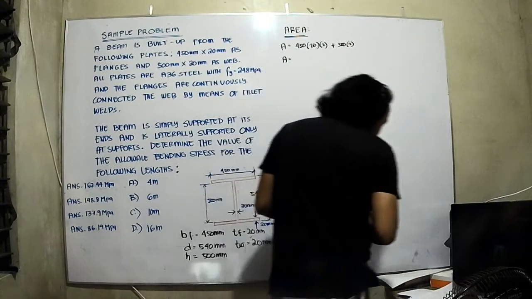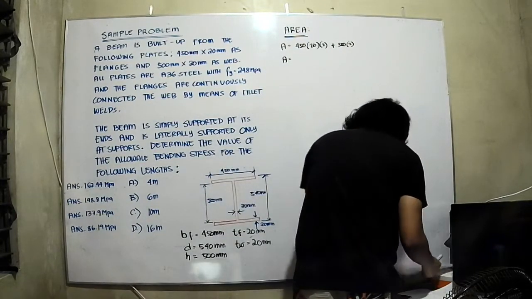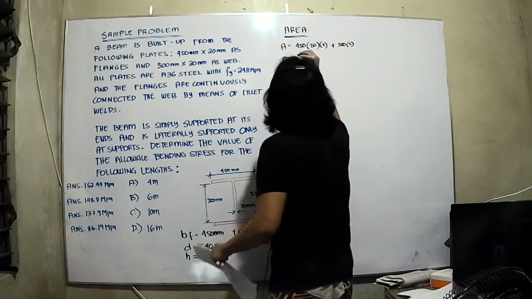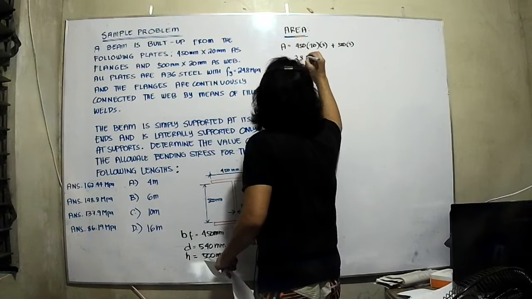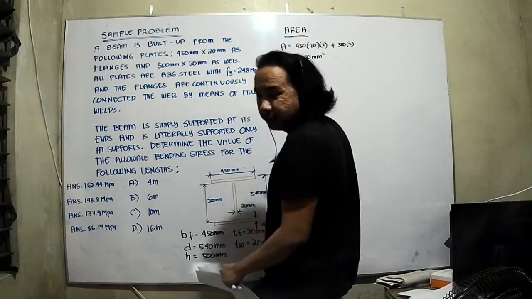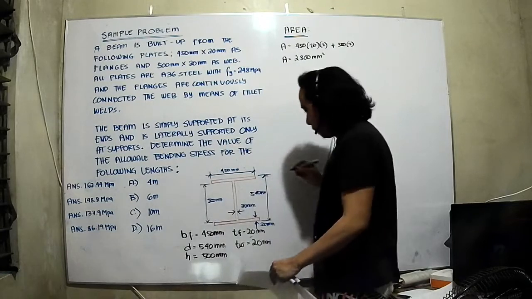The area would therefore be equal to 28,000 millimeters squared.